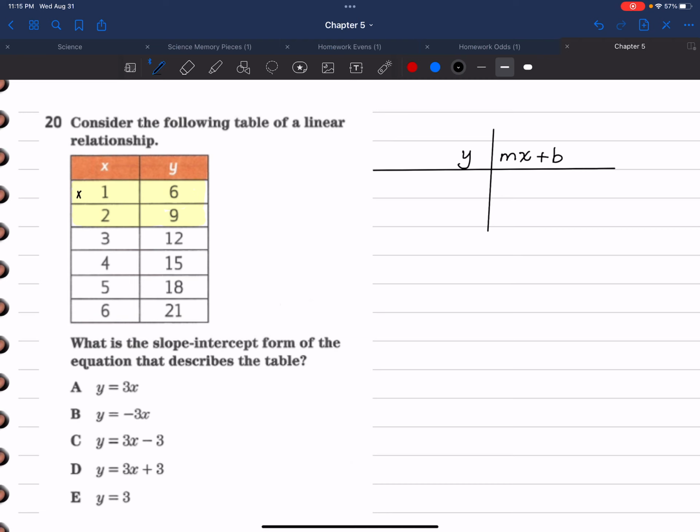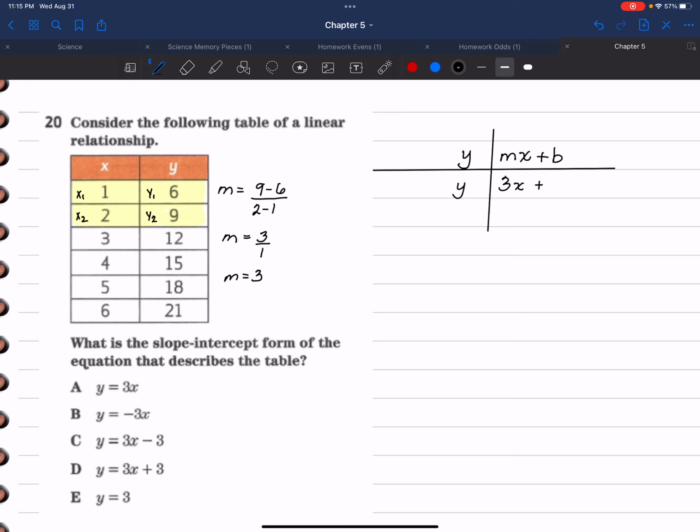So we have x1, x2, y1, y2, and slope is 9 minus 6 over 2 minus 1. So slope is 3 over 1, which is 3, positive 3. So put that in for slope.